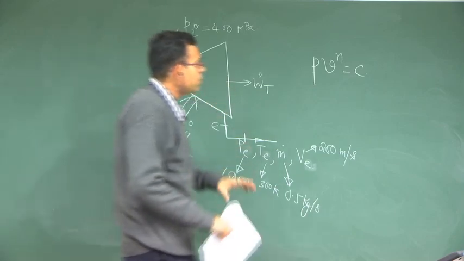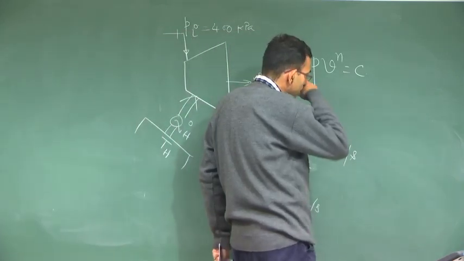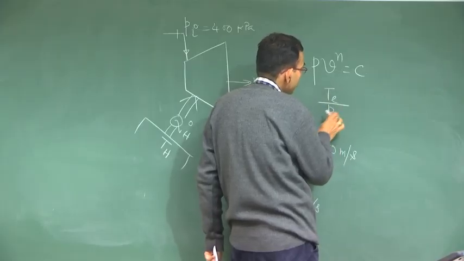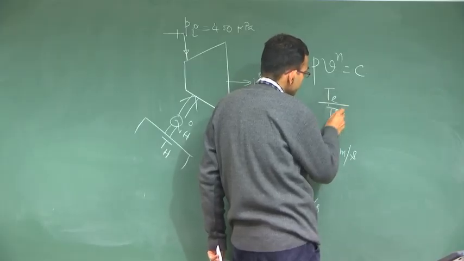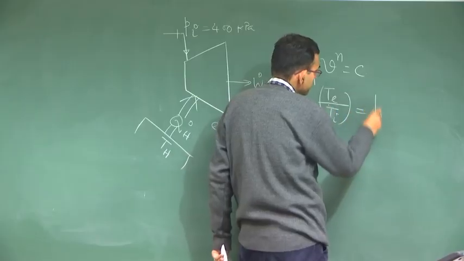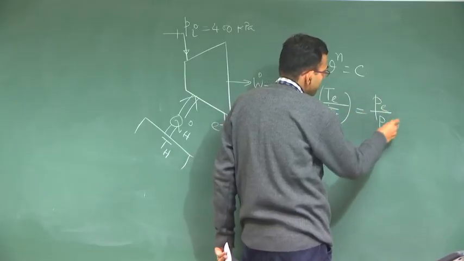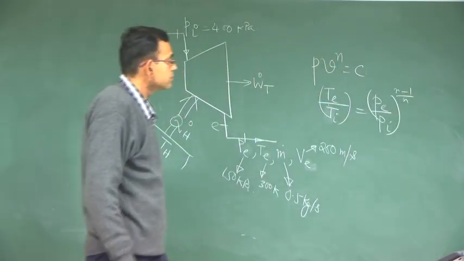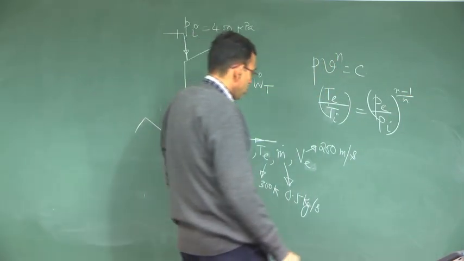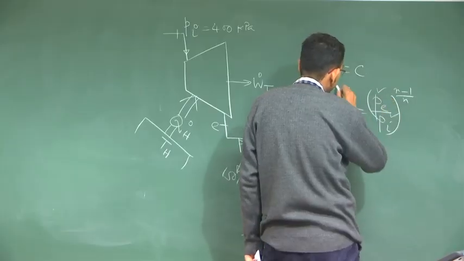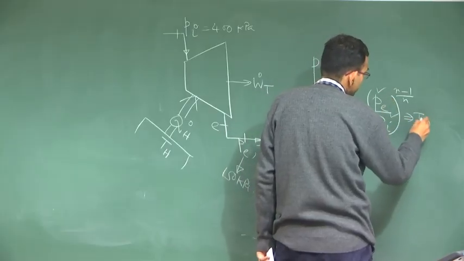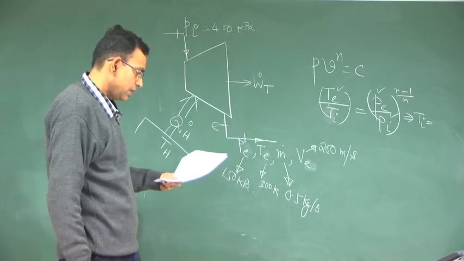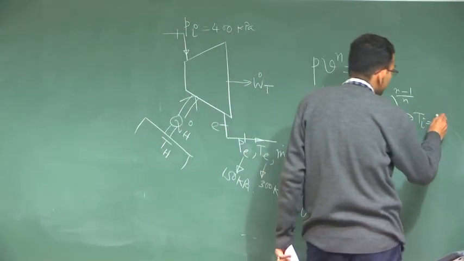But if this is followed and also Pv by T is equal to constant, so from here for reversible polytropic process, this much we can write. So, all these things are known except Ti. So, Ti is 353.3 Kelvin.